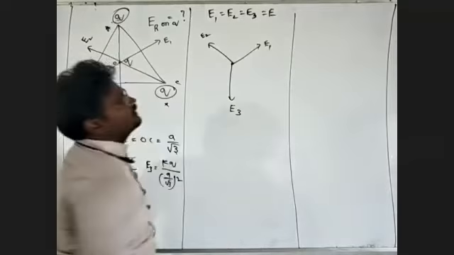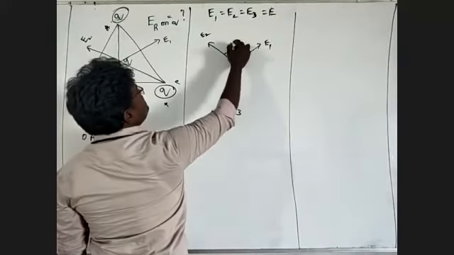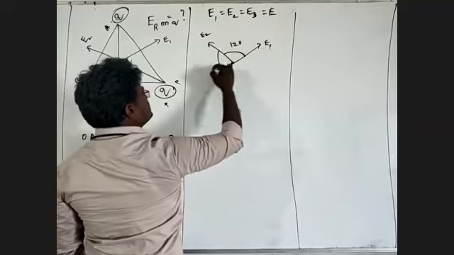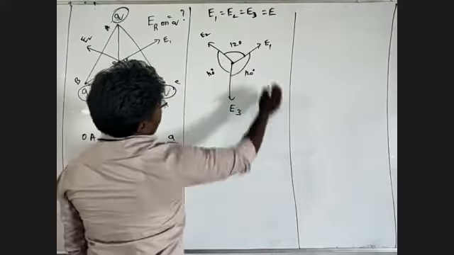All are the same. Now you will see the angle between E1 and E2 is 120 degrees, E2 and E3 is 120 degrees, and E1 and E3 also 120 degrees.